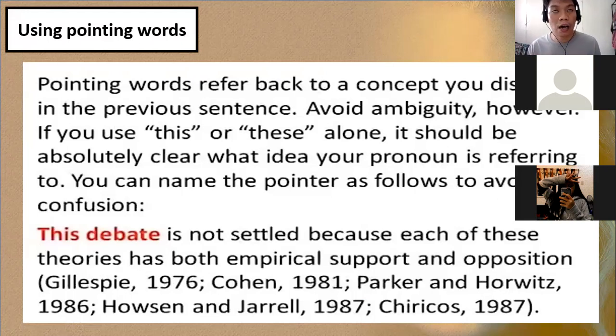For example: this debate is not settled because each of these theories has both empirical support and opposition. You may question which debate, because what is written is only this debate. So you need to make sure that when you use pointing words, the preceding paragraph or sentence is clear about what is being pointed out in this specific line.